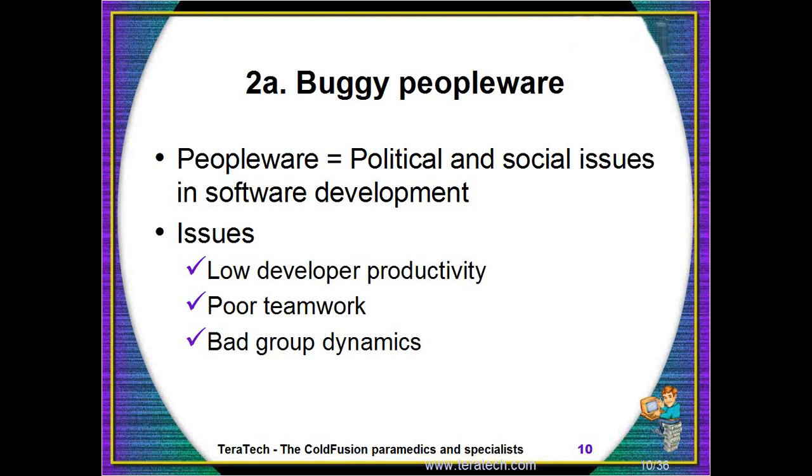So some of the things that come up in this category are low developer productivity, where not much good quality code gets written, maybe poor teamwork where people aren't working together well, or actively disrupting the project. I've seen projects where it seems someone's role on the project is purely there to cause trouble.